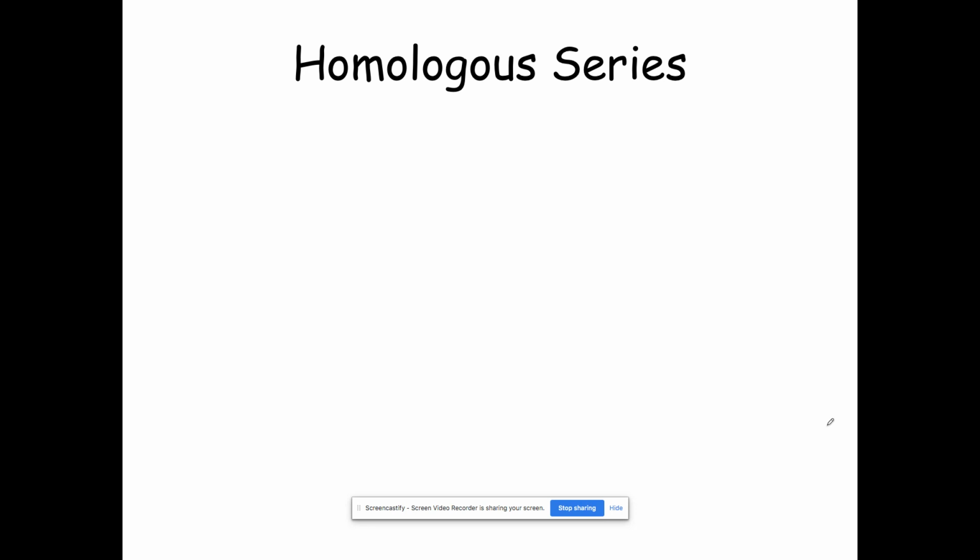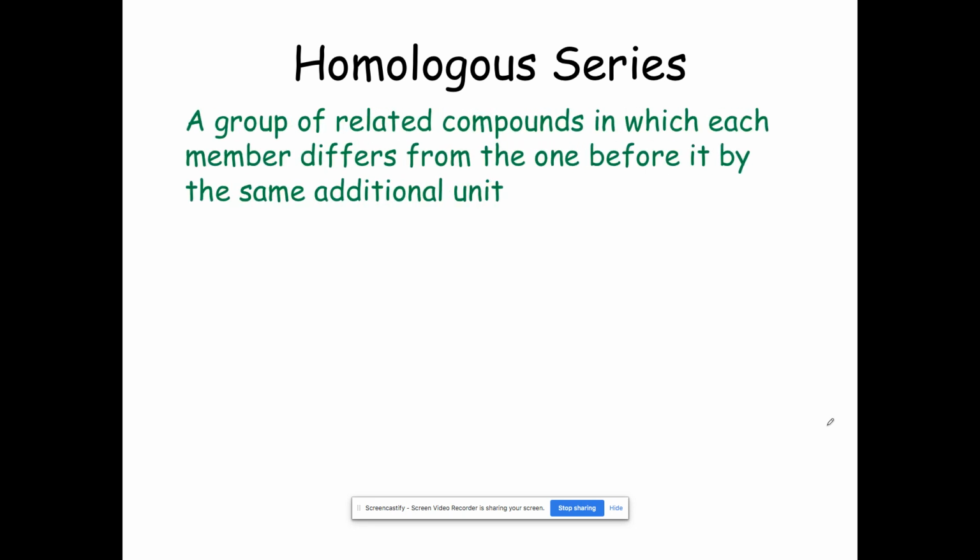So before we go any further, what is a homologous series? This is a definition that's kind of wordy. They are just related compounds. But these are called homologous series of hydrocarbons. What is a hydrocarbon? Well, take a look at those pictures.